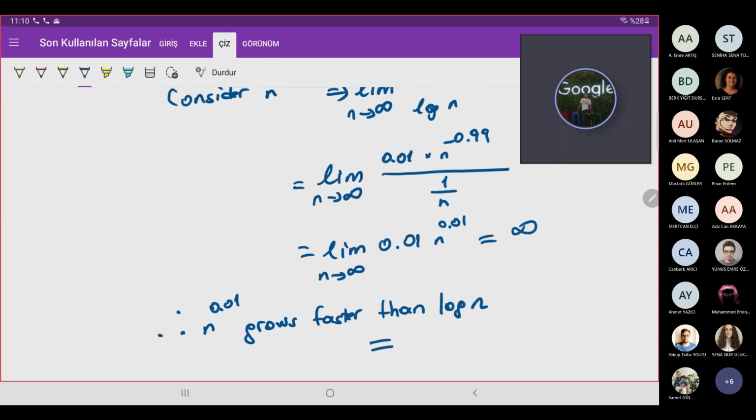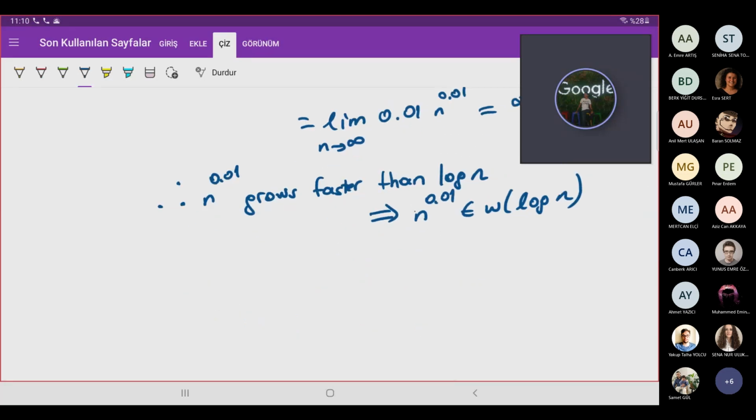If the limit was 0, it would mean the reverse. Yes, exactly. It grows faster than log n, and therefore n to the power 0.01 is in big Omega of log n. So log n is a lower bound for that.